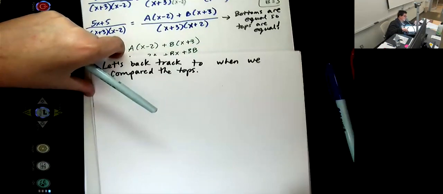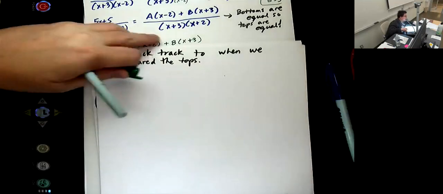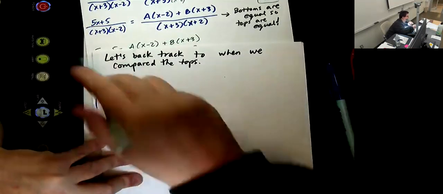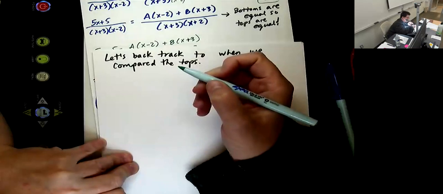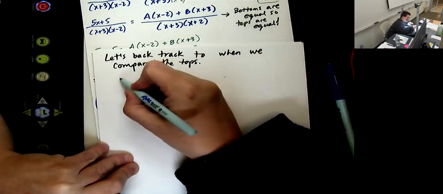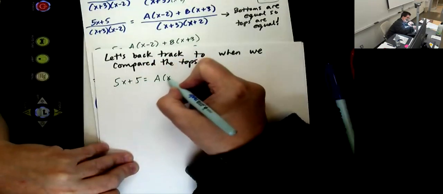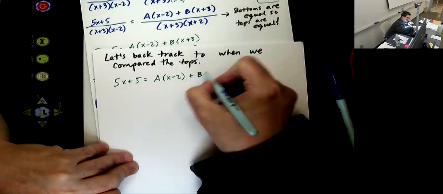Because we had to do a system of equations to solve that, and there was only 2. But I bet you can imagine that gets tedious, especially if there's a lot of them. So we had 5x plus 5 equals a times x minus 2 plus b times x plus 3.